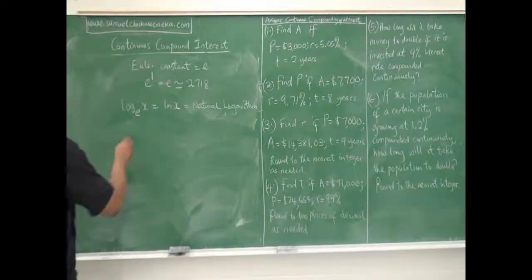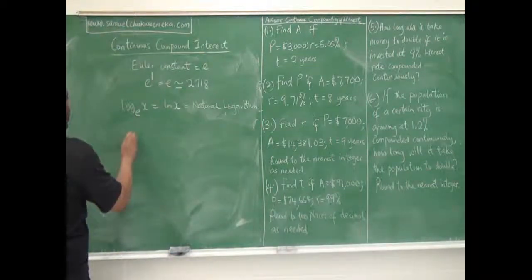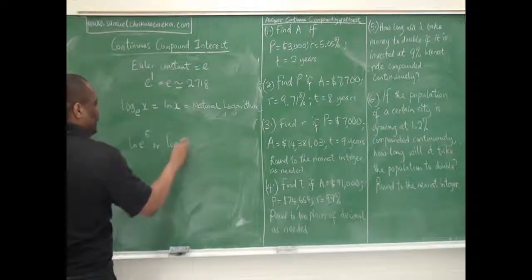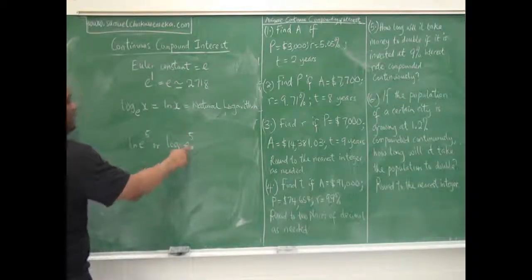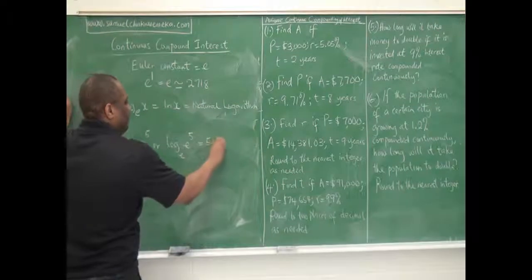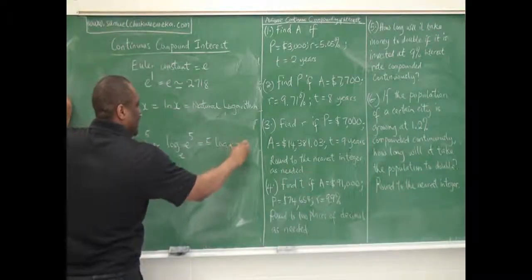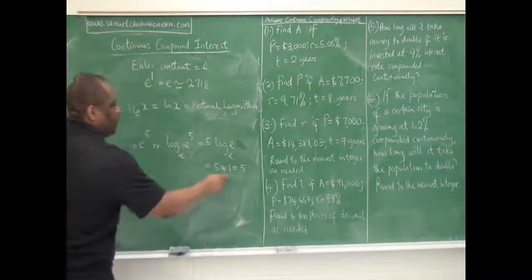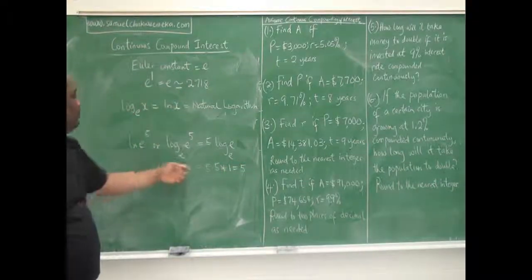If you do ln of e raised to power 5, or log to base e of e raised to power 5, this means 5 log e base e, and that is 5 times 1, which is 5.